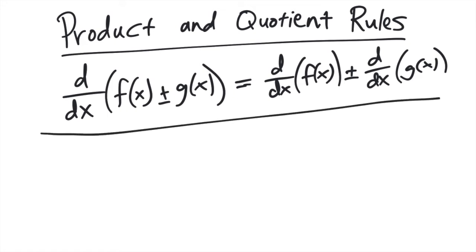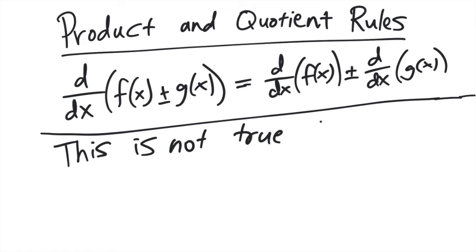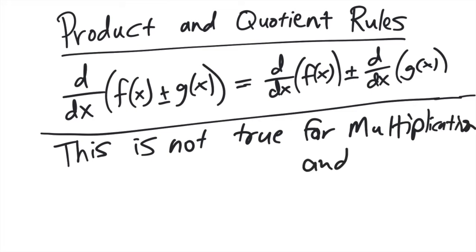But I do not think it's possible for me to emphasize this enough in this video, because this is one of the biggest mistakes I see in all of calculus. So I'm going to see if I can write this big enough to show you that this is important. This is not true for multiplication and division.